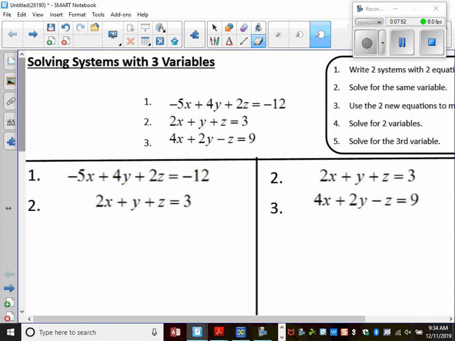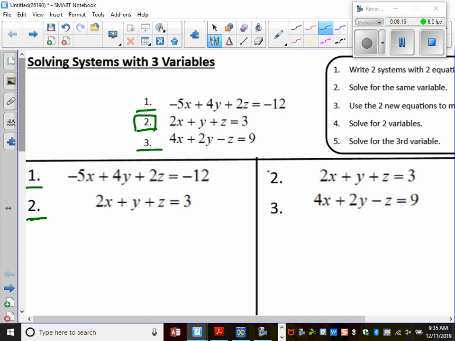So it says you're going to write 2 systems with 2 equations. So from this set of 3, we're going to see how we took the first and the second one up here. So that's one system. And then we did the second and then the third to create the second system.